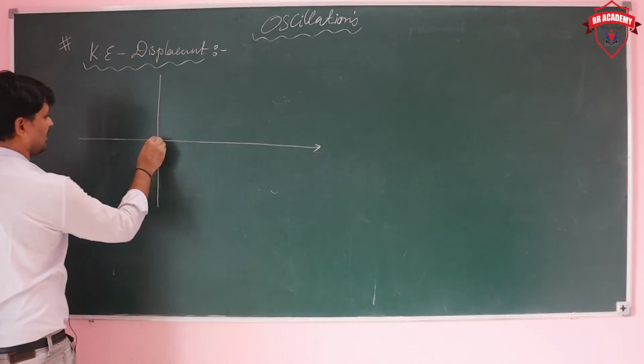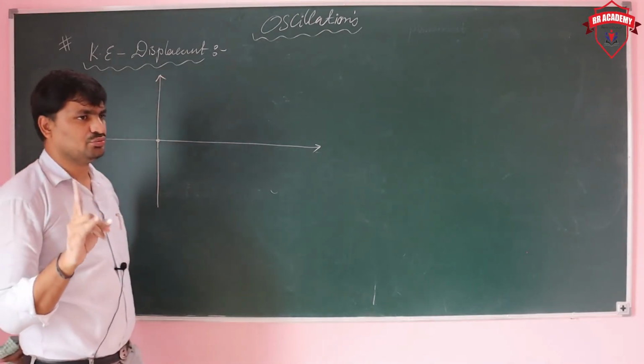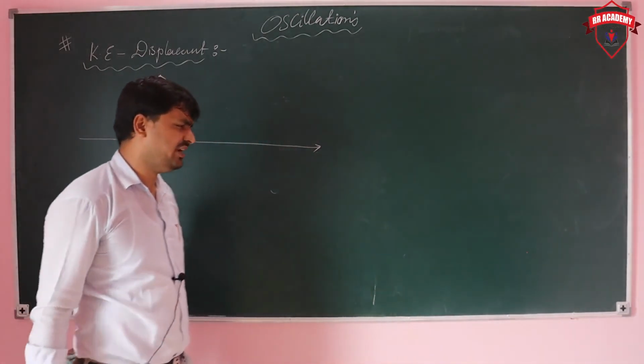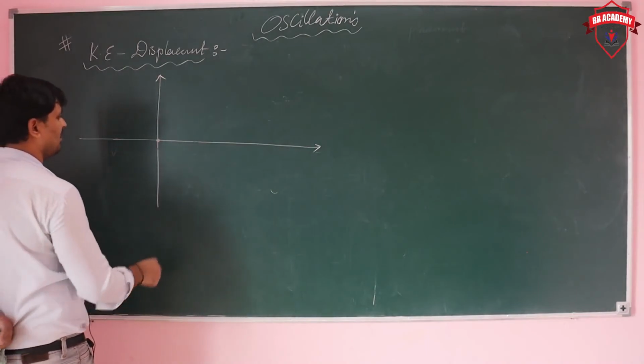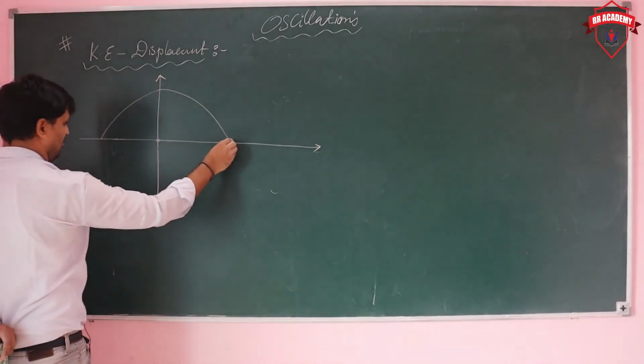See here, you can consider this as the mean position, and kinetic energy never becomes negative. At the mean position we have maximum kinetic energy, and at the extreme positions we have minimum kinetic energy.